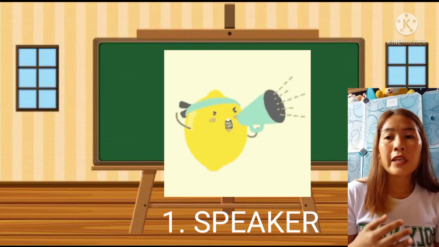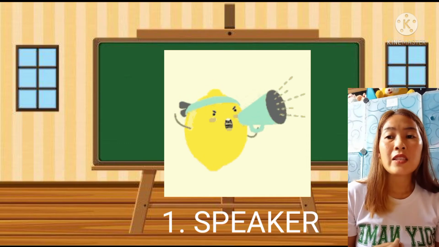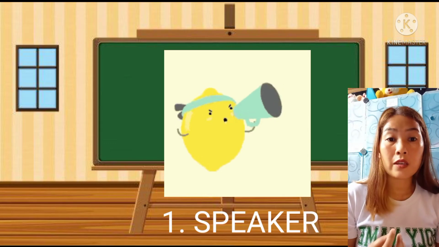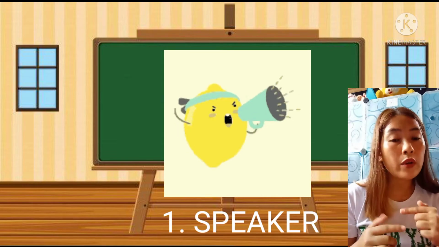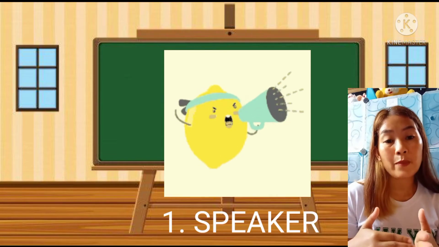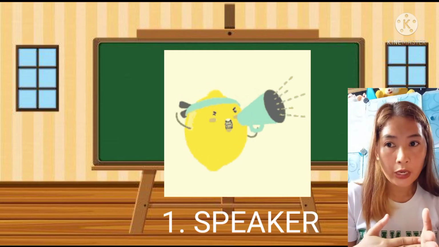The communicator initiates the process by having a thought or an idea that he or she wishes to transmit to others. So, mauna si sender. Kung kinsa ang unang mustorya, siya mao ang source sa information or sa message.